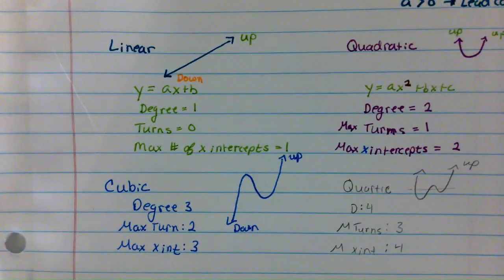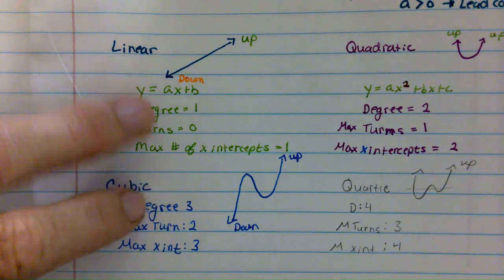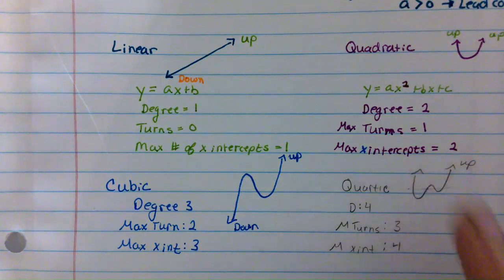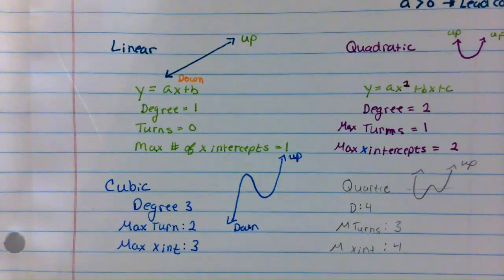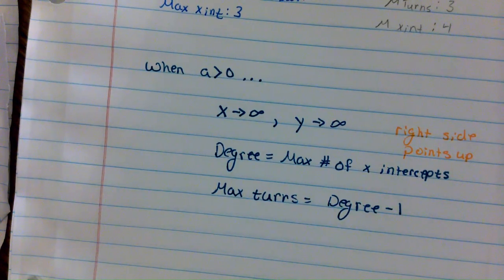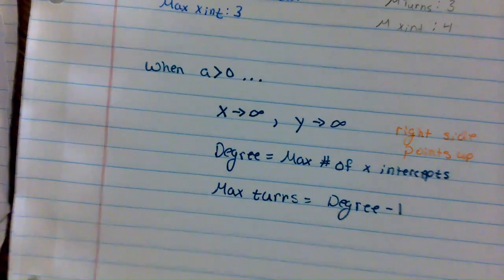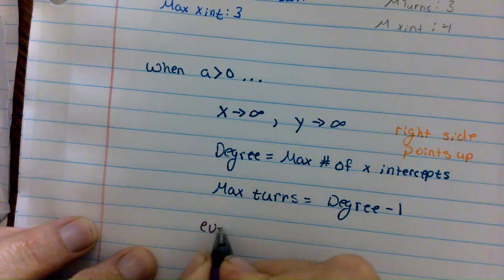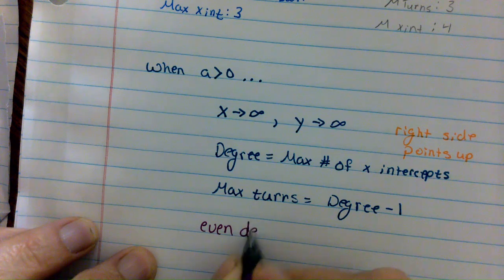Now, what do you notice about the left side of the graph? Here, the degree was odd, and they pointed opposites. Here, the degree was even, and they pointed the same. Even degree.